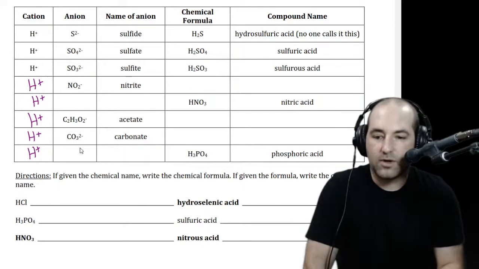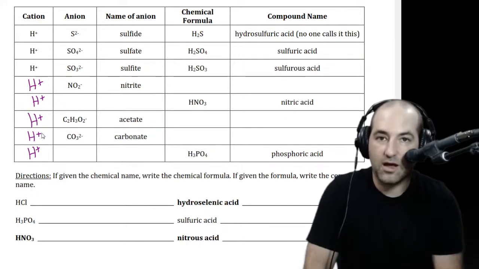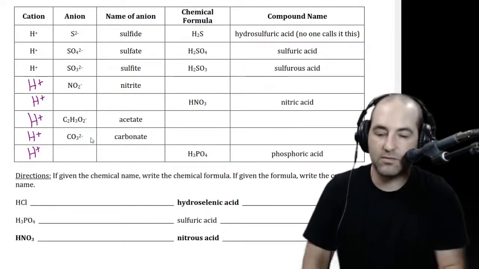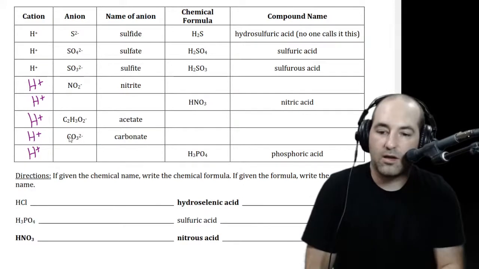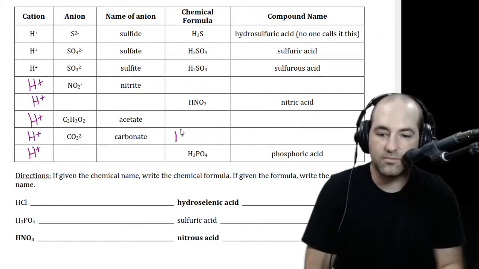Okay, so let's look at one. Let's look at this one down here. So hydrogen with carbonate. To figure that out, we're going to put the chemical formula together, and this is going to work just like the other ionic compounds, even though it's not maybe technically ionic. But we have CO3 2 minus, and we have H plus. So to put those together, we need 2 of the H pluses.